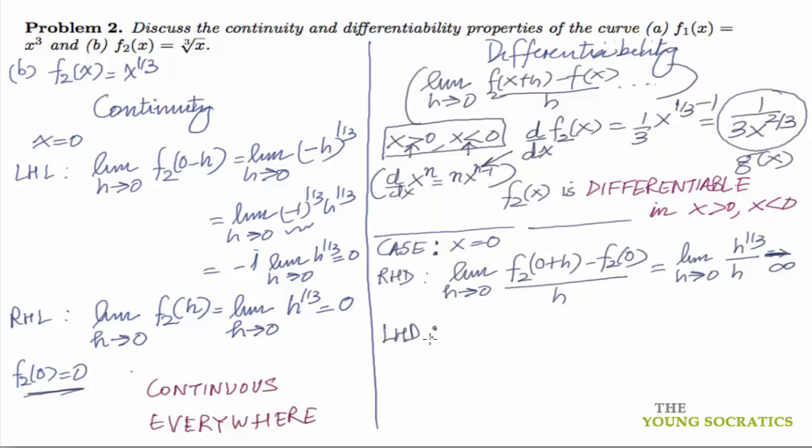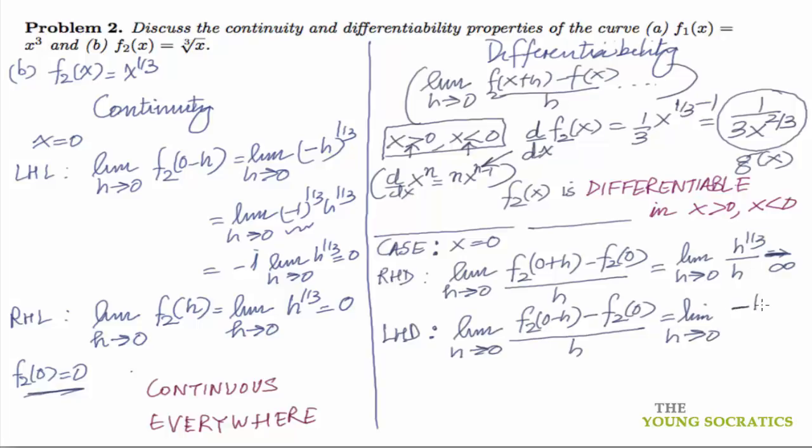Left hand derivative, limit h tending to 0. Note that here I could have just stopped and said, hey, the right hand derivative is infinity, so it does not exist. Let's hold for a while and see what the left-hand derivative will be. So the left-hand derivative will be the limit as h goes to 0 of (f2(0 minus h) minus f2(0)) by h, which is (minus h)^(1/3) divided by minus h.